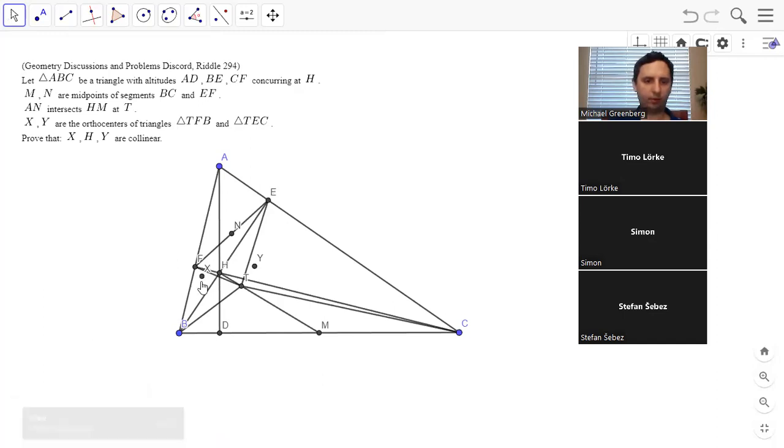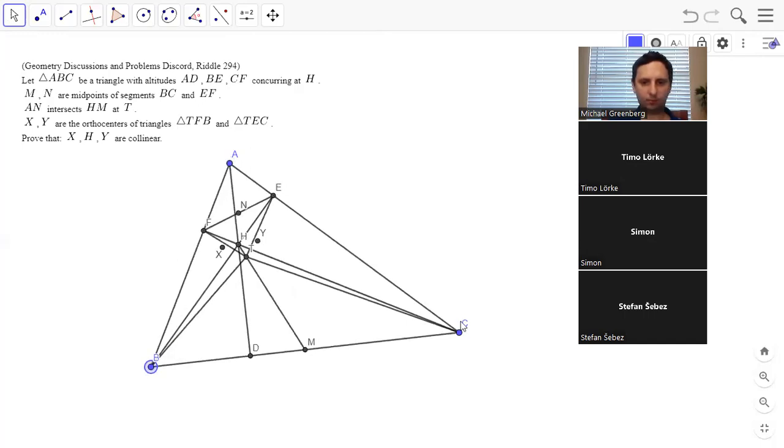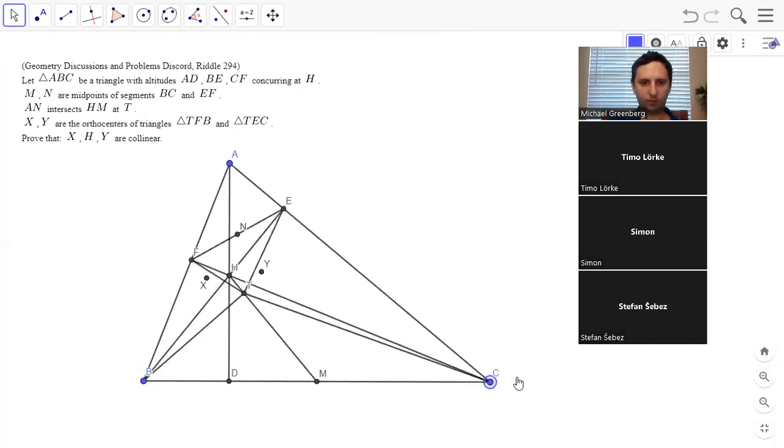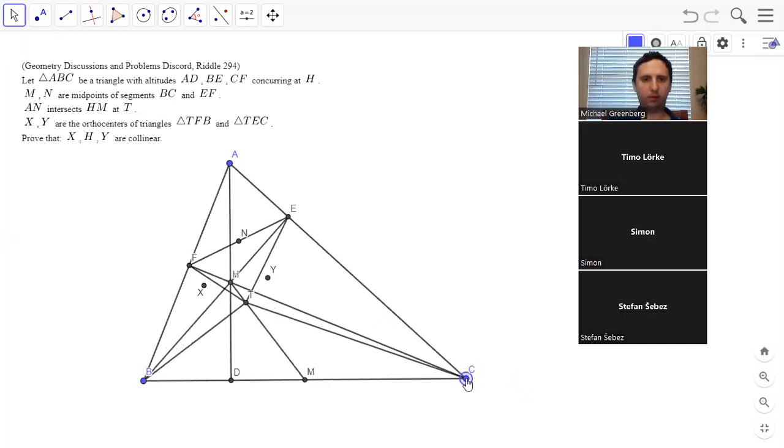All right, so I think we have the whole diagram. That looks good.